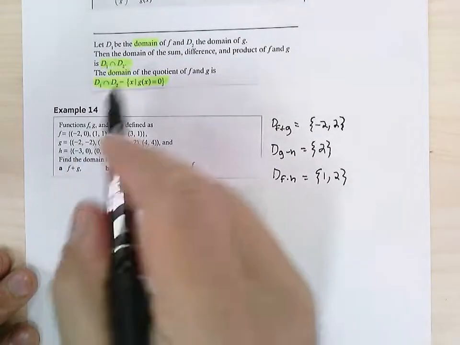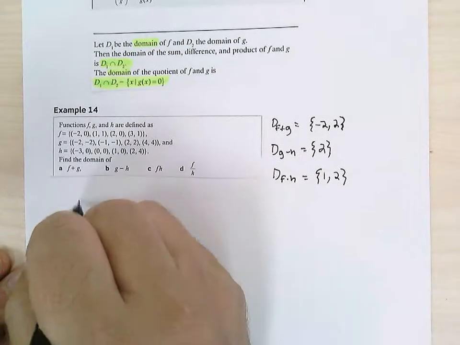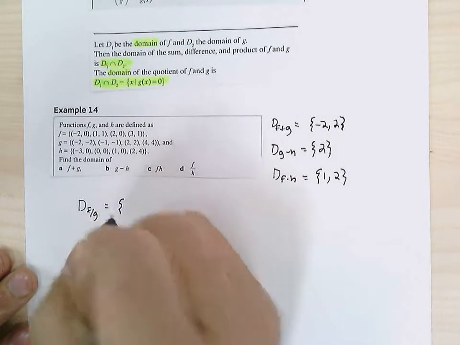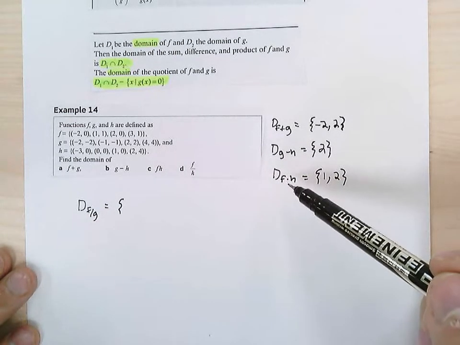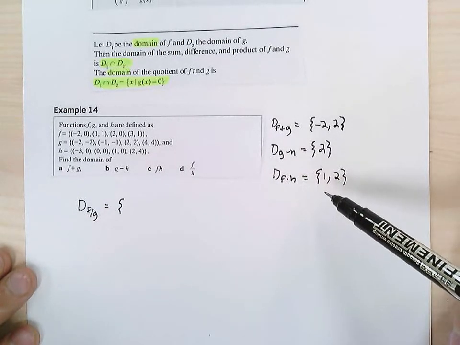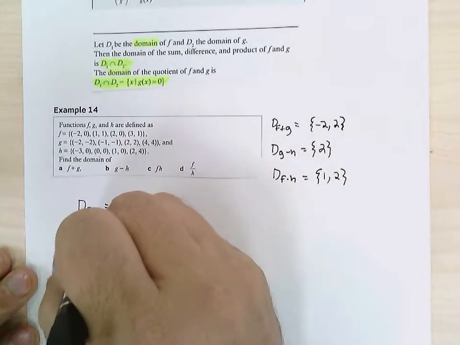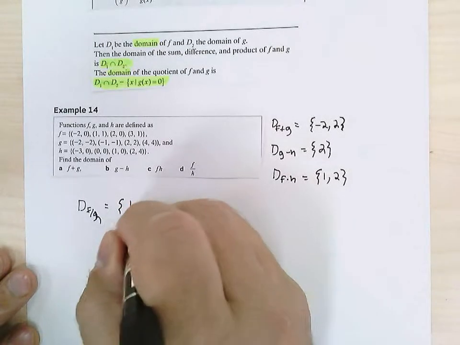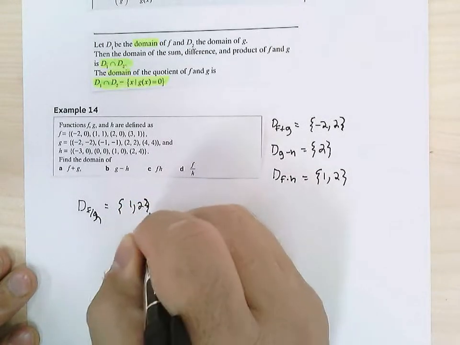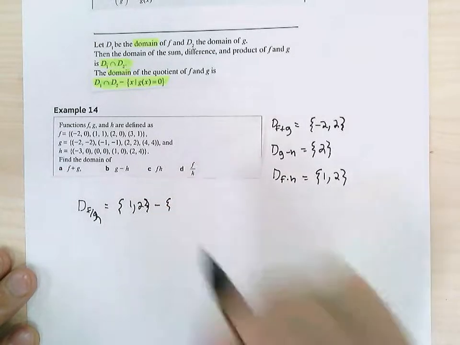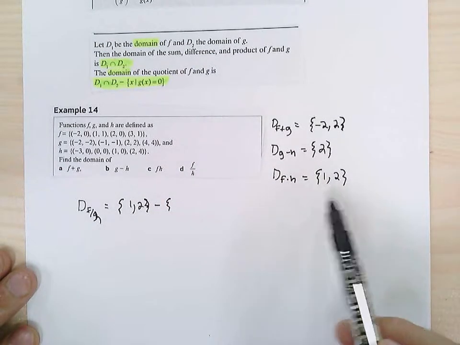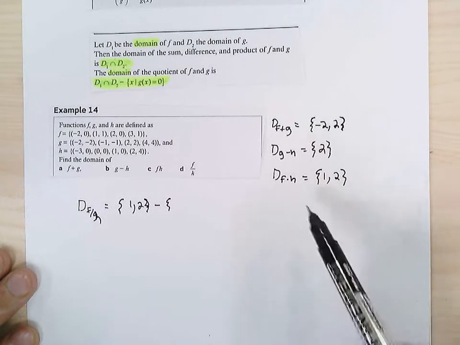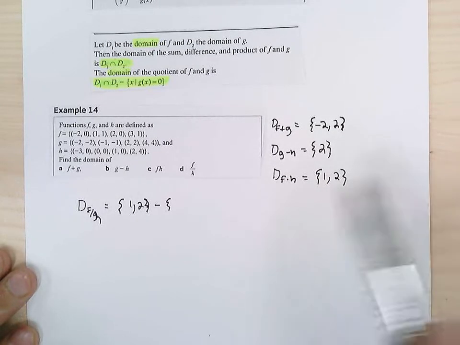Now for the quotient, the last one, they want us to do the domain of f over g, right? Well, let's see. We have f over h, my bad. I almost made a mistake there. f over h, right? Well, the common domain of f and h is 1 and 2, right? But we have to double check something here, because if any of these inputs comes out to be 0 in the output, then we have to get rid of it.